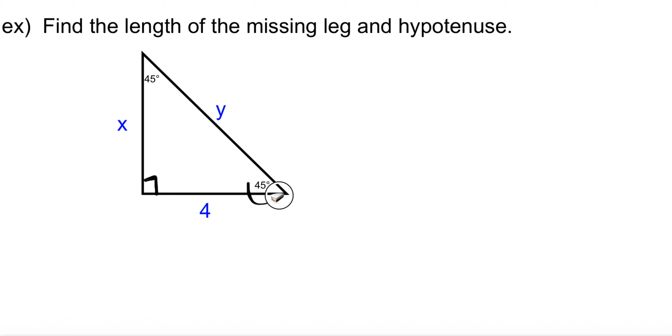Now we have two unknowns, and so if we try to plug that into the Pythagorean theorem, then we get leg squared plus leg squared equals hypotenuse squared. And that's not going to work because we have two unknowns. So we have to go back to the idea that this is 45 degrees and 45 degrees.